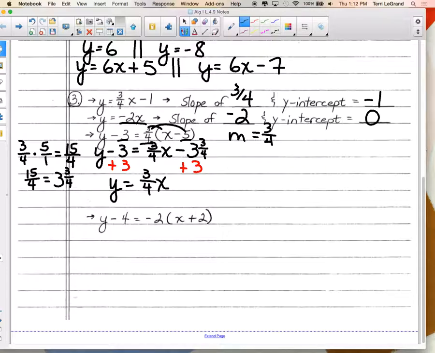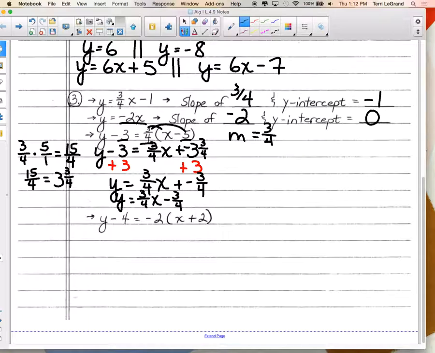We have a negative here, because if I change that to add the opposite, I really have a negative 3 3/4 plus a 3. Negative 3/4. So in reality, we have y equals 3/4 x minus 3/4.